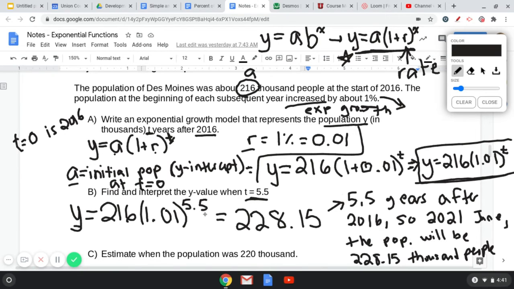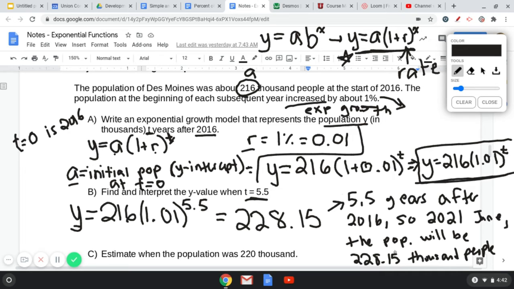So class, all we did was plug in 5.5 for t, knowing that when t is 0, that's 2016. So this is 5.5 years after 2016, which will be 2021 in June, because a half year will bring us from January to June. And then this 228.15 was our population in thousands. So in June 2021, the population will be 228.15 thousand people.